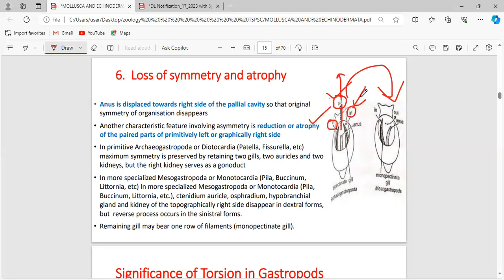Initially this is the inside, this is also inside, and this is an outlet. But as a result of torsion, the inside will be on the same side and the outside on a different side. Initially there is one inlet here and one inlet here, with only one outlet for both inlets. After torsion, both inlets prefer to locate in the same position. This is the reduction or atrophy. Clear?